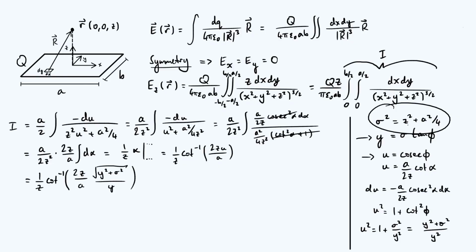Sigma squared is z squared plus a squared over 4. So we want to put that back in. It's 1 over z times inverse cot of still 2z over a, times the square root of a squared over 4 plus y squared plus z squared, just plugging back in the definition of sigma squared.